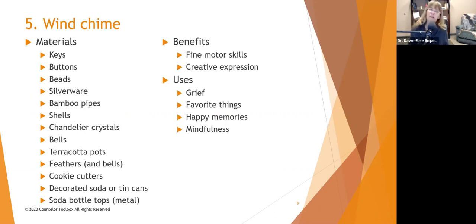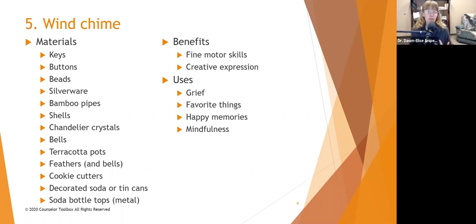Wind chimes are another favorite of mine, and you can use anything that rattles, clanks, or crinkles for wind chimes. Keys, buttons, beads, silverware, preferably not your good silverware, bamboo pipes, shells, chandelier crystals. You can go to some of the places where they take old stuff from houses that have been torn down, recycling places and like Habitat for Humanity, and a lot of times find random chandelier crystals and things.